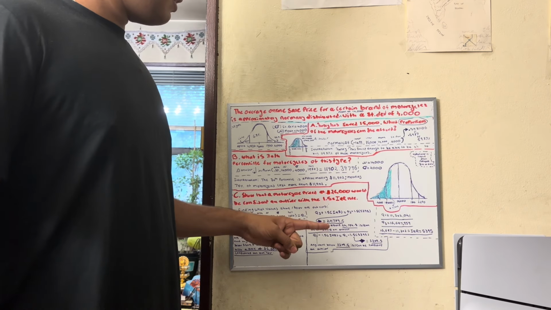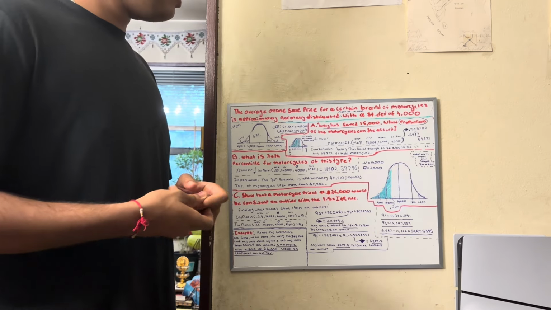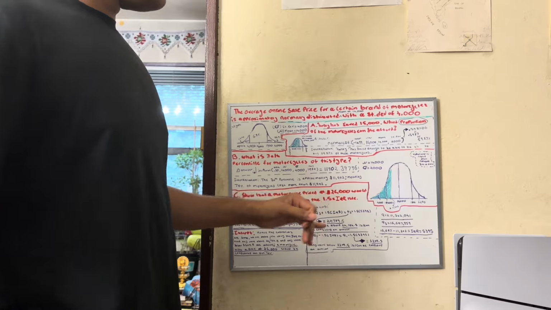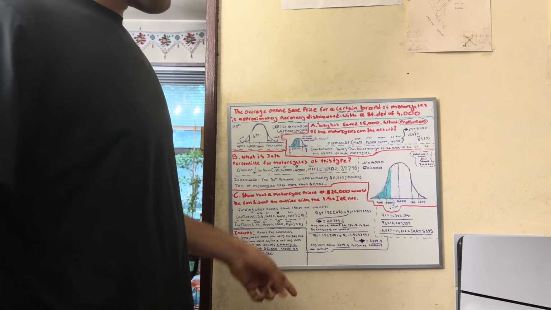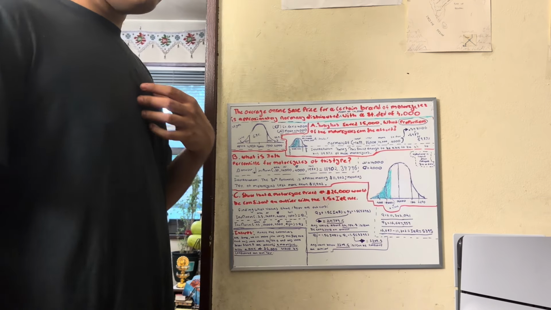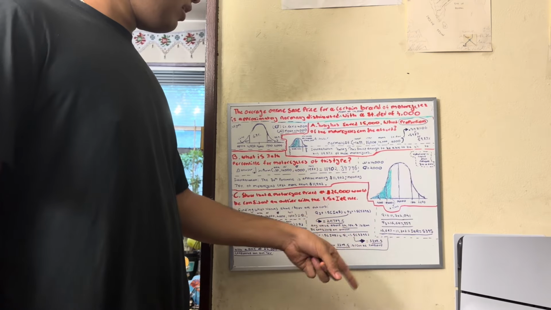And so now we put that in. So this would be 16,697.959 plus 1.5 times 5,395, giving us the value of 24,789.5.